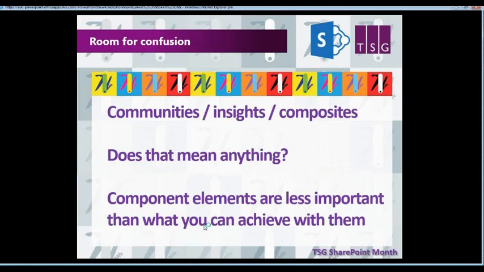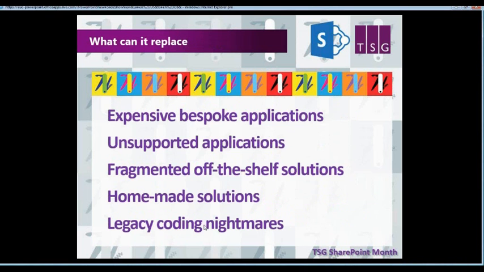And to Mr. Joe Public, that probably doesn't mean anything. What we're going to do today is strip away that Microsoft terminology and confusion and talk about the real components of SharePoint and what you can achieve with them.